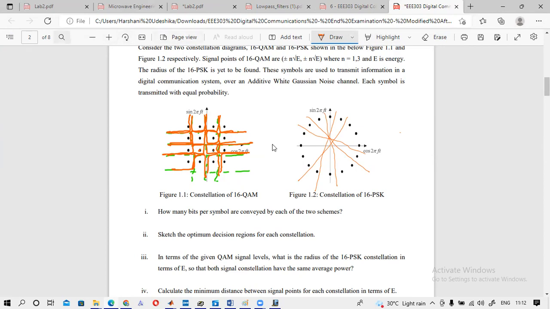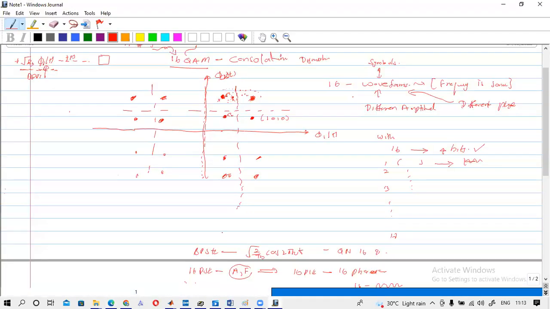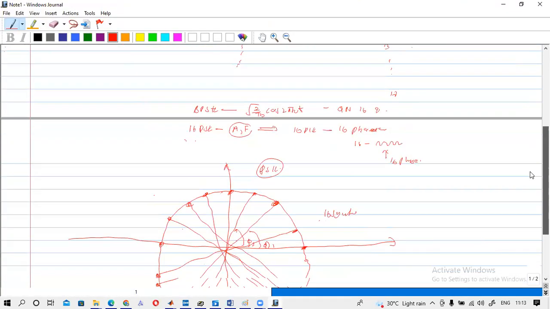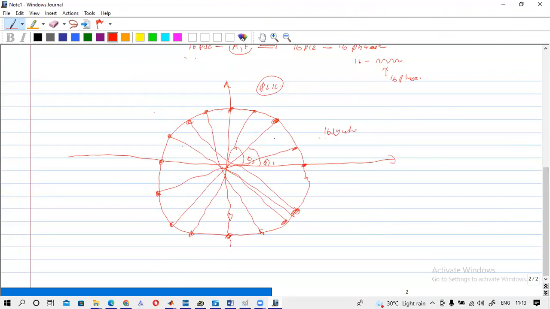I think it is better if you draw this in this way. First you can draw the points. Here you have the circle, and first you can draw the points.